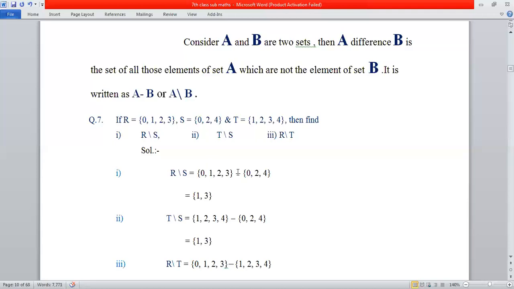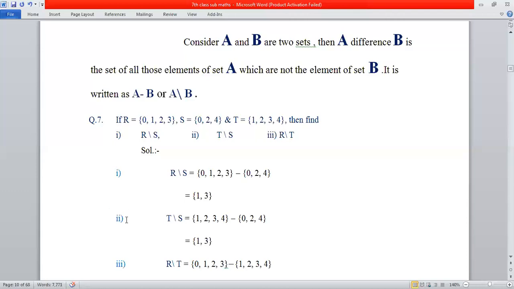Yes, so 2 is subtracted. Is 3 present? No, it will come in the answer. So the answer will be 1, 3. We don't think about 4, because when we do subtraction, we check the first set, and only those elements not present in the second set will come in the answer.